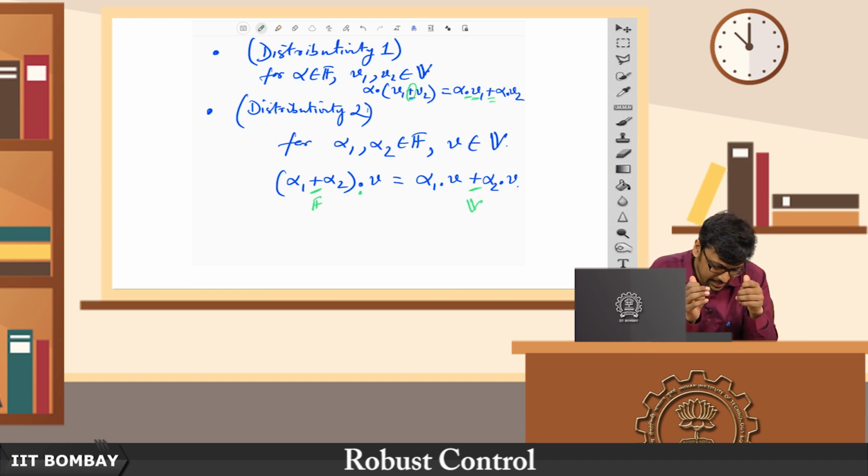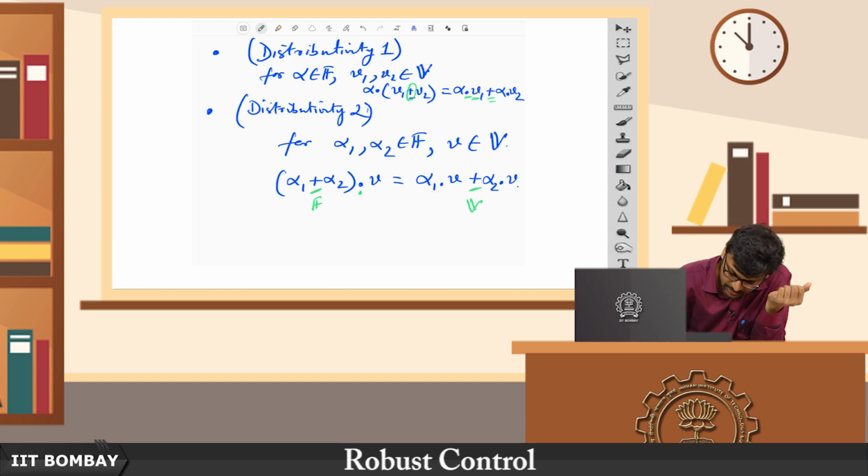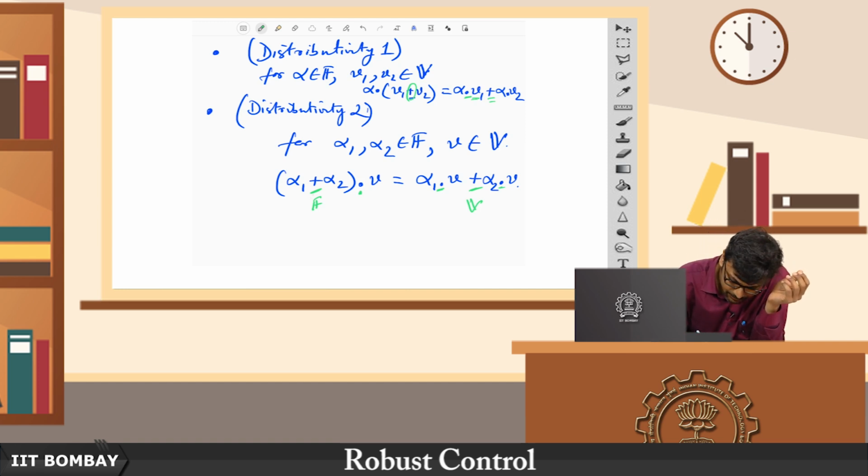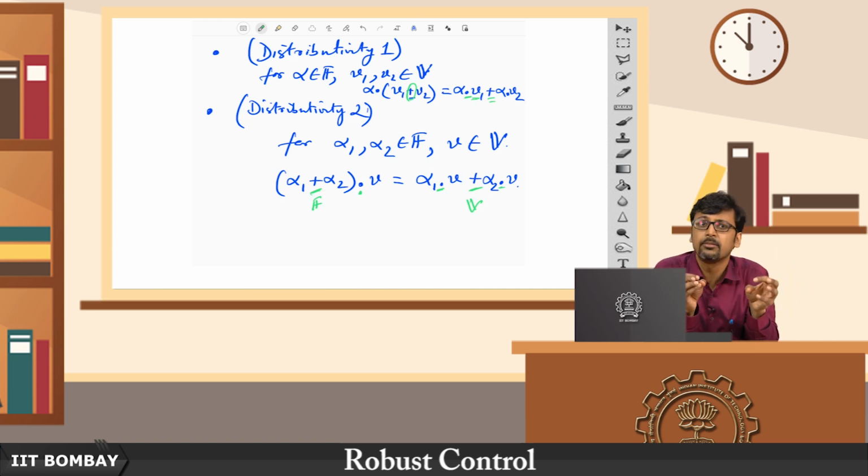Even though it seems like just some funny way of writing known things, they actually carry different meaning. Here of course, this multiplication is again the scalar multiplication, but this addition crucially is the addition that we have defined between two objects in the set V, whereas this addition is the addition that is happening between two objects in the set F, which in our case is either the set of complex numbers or the set of real numbers.